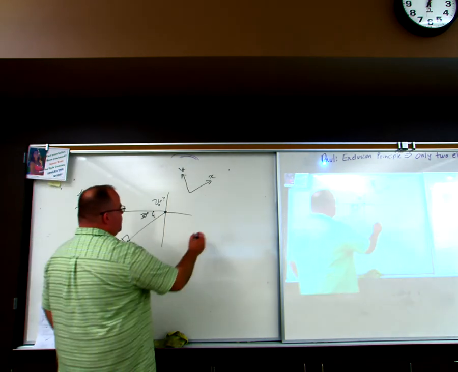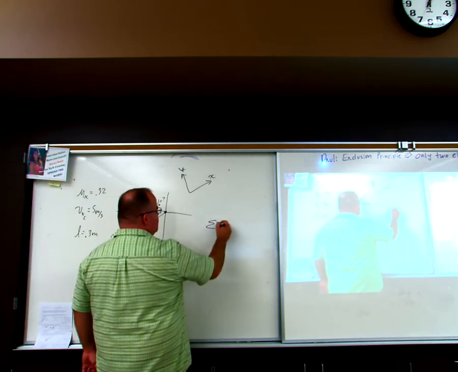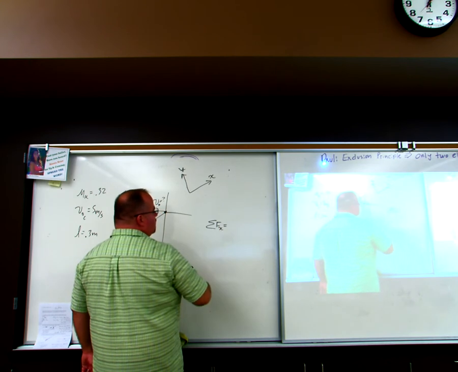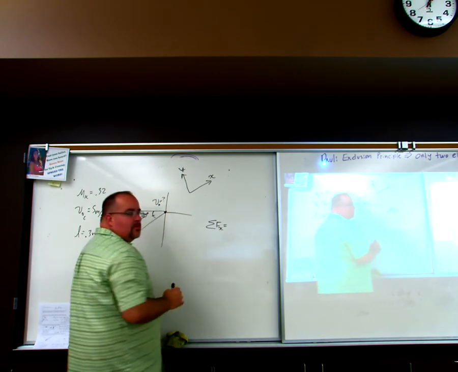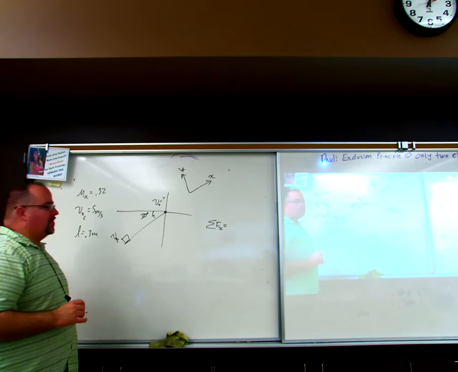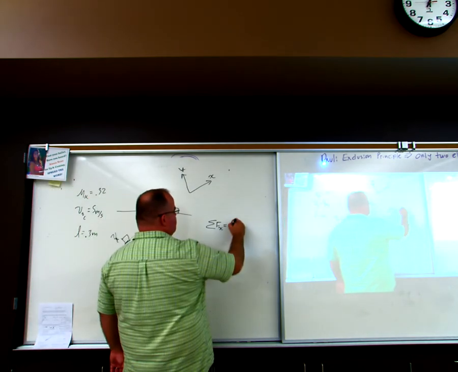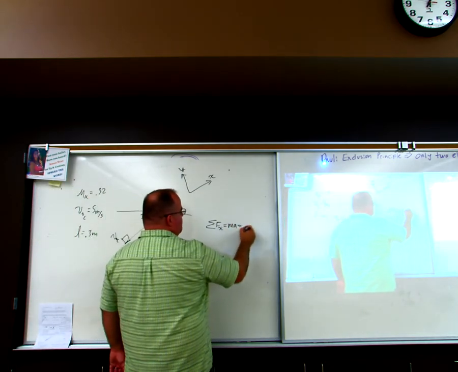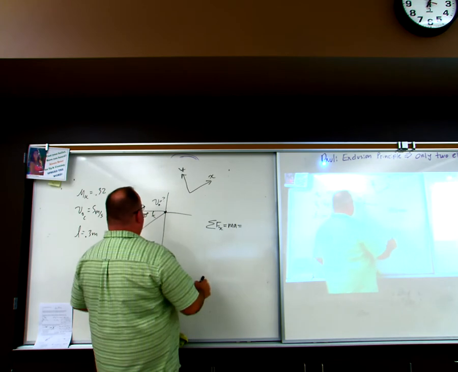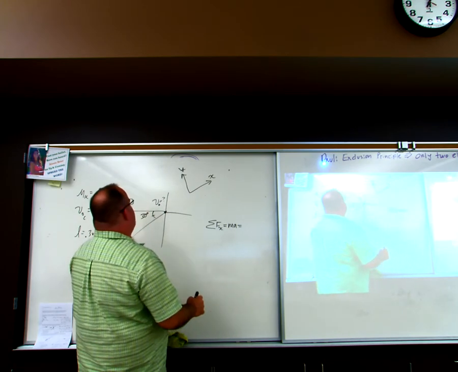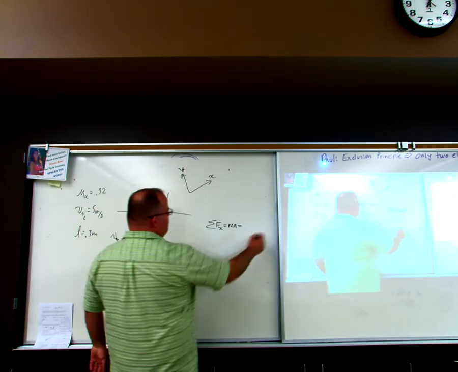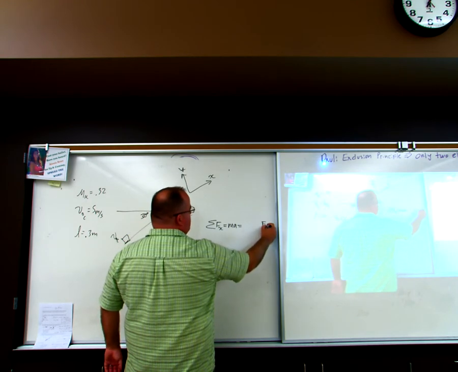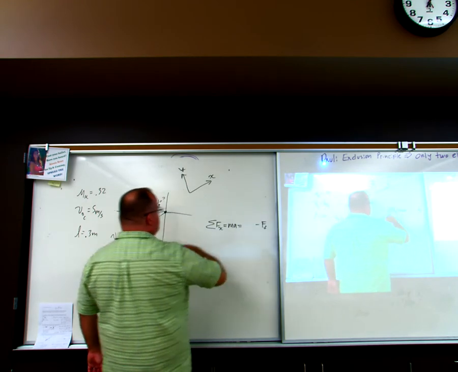Okay, so here we go. Sum of the forces in the x, do they equal 0? No, they don't. There's some deceleration, so it's gonna be ma. Then you'll have the force of friction, it's fighting you in this way, so we'll put negative force of friction.